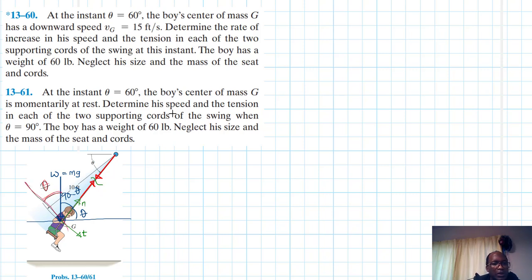So if that is the case, let's redraw this properly. Along this direction, let me extend the T, like so. Great, so this angle here is our theta.